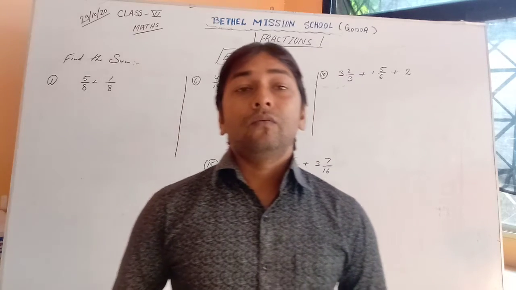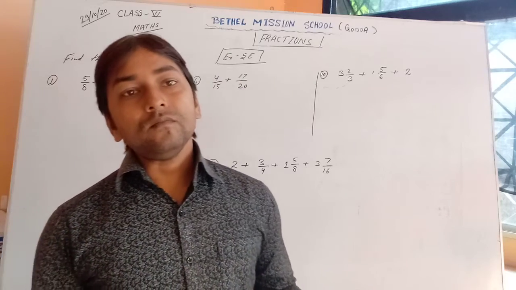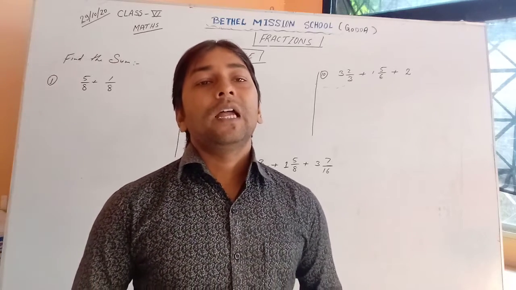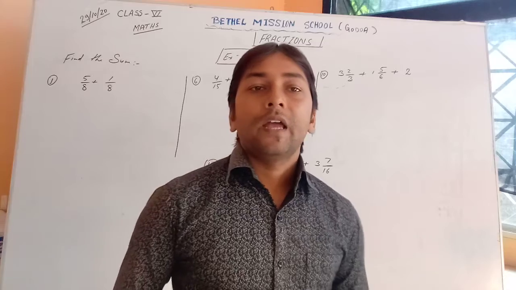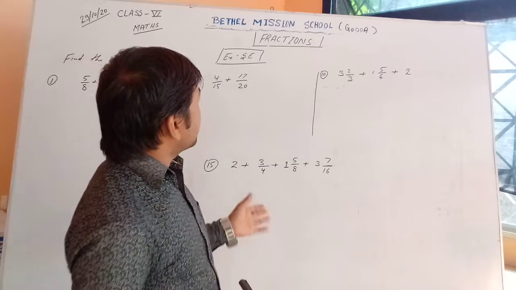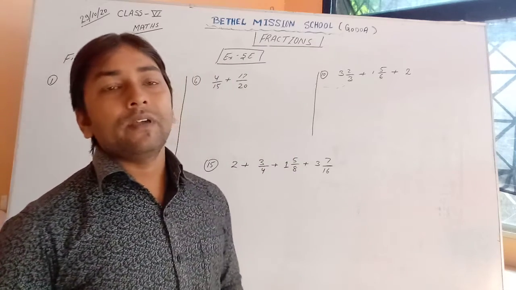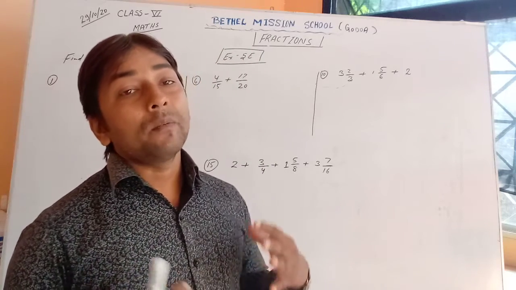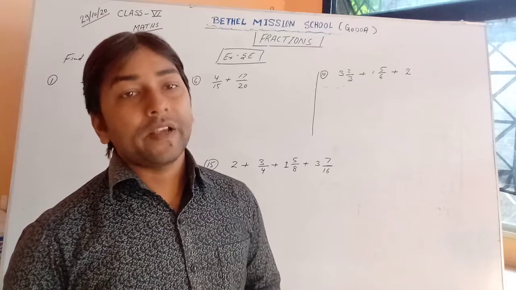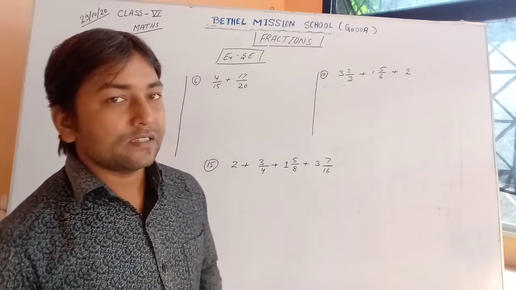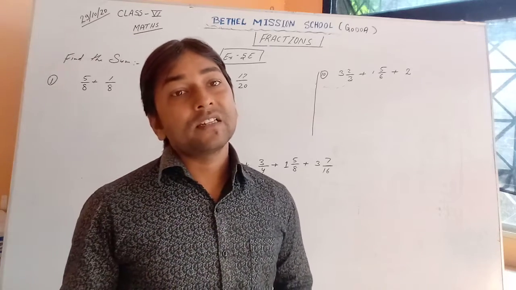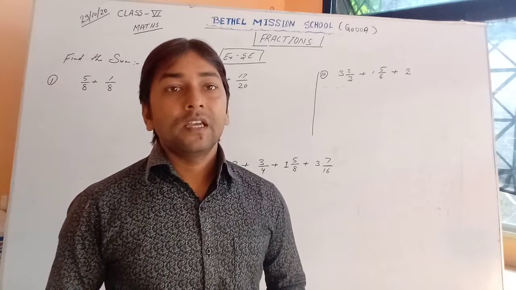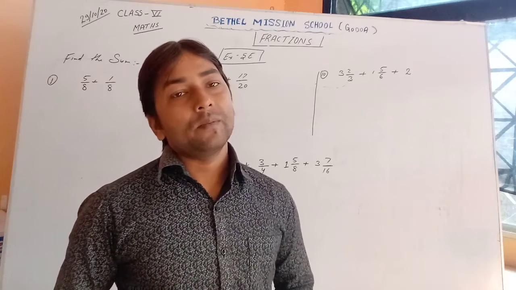So first you will revise the chapter, and then you will solve the exercises, that is exercise 5e. Today we are going to learn how you will find the sum of the fractions, different fractions with different denominators and different numerators, and the same denominator or same numerators.